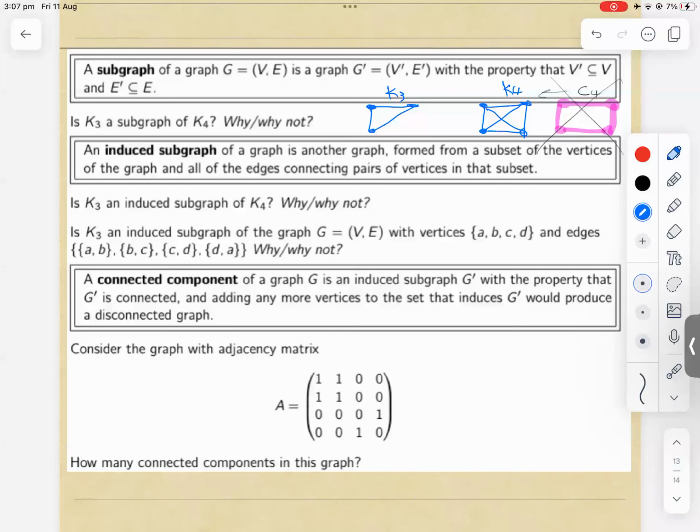So let's find this one. I'm going to give some examples. K3. So why not? So this is the induced subgraph. The answer is this one.